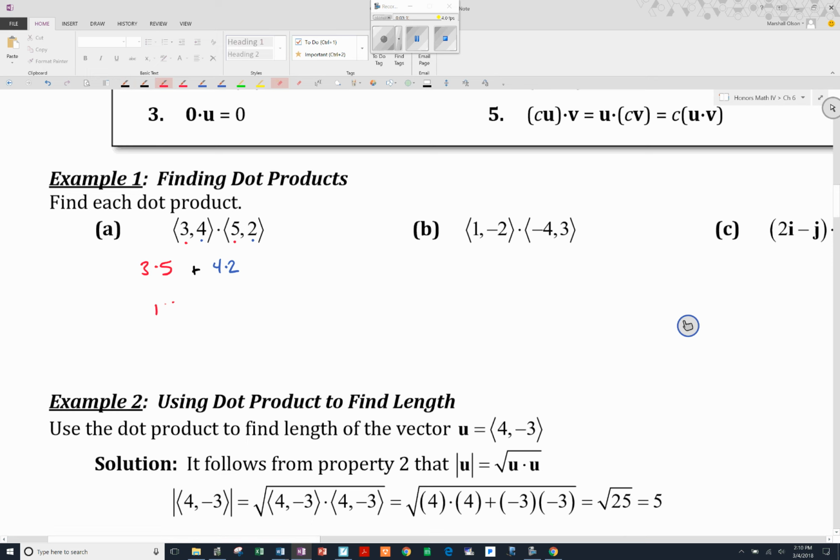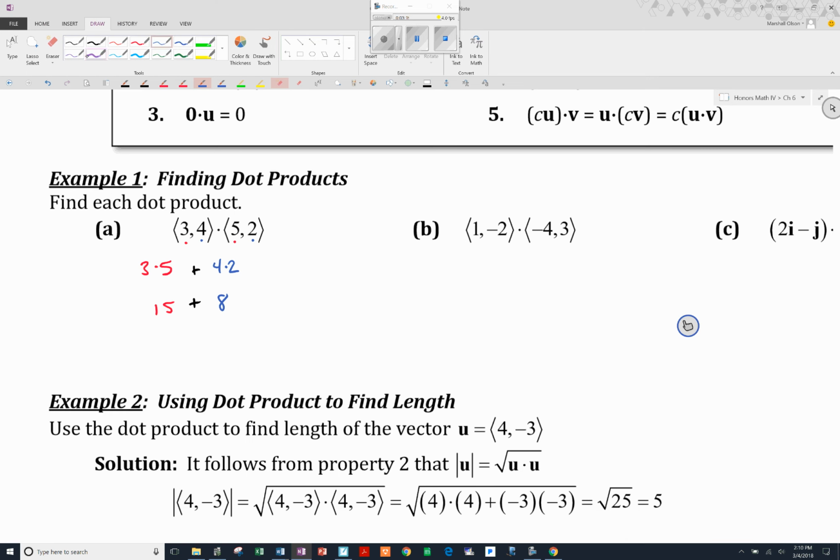So we have 15 plus 8, which is 23. So notice how the dot product results in just a number. Now we have 1 times -4 plus -2 times 3. So we have -10.